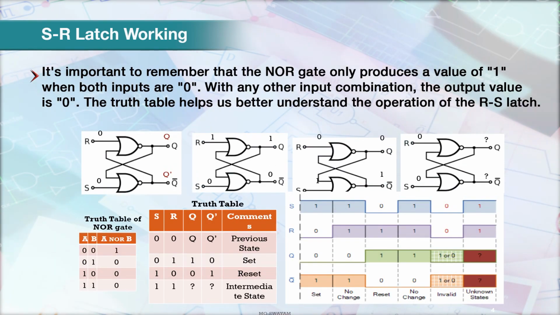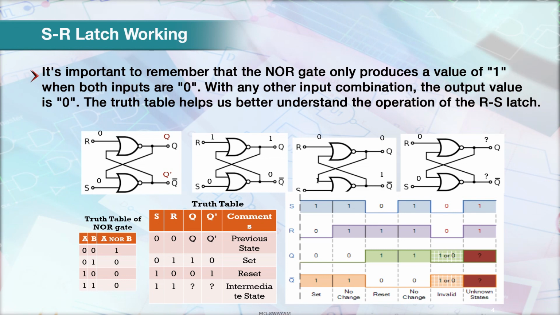It is important to remember that the NOR gate only produces a value of 1 when both inputs are 0. With any other input combination, the output value is 0.